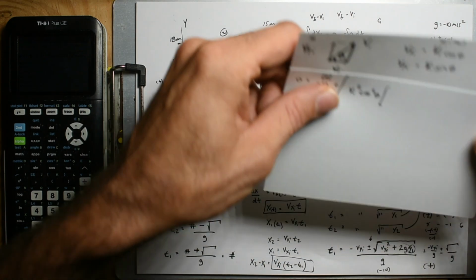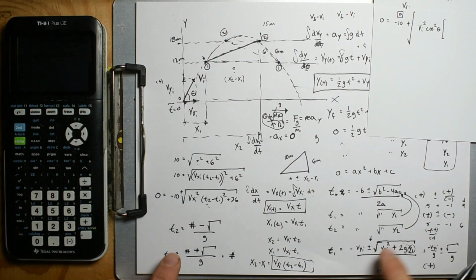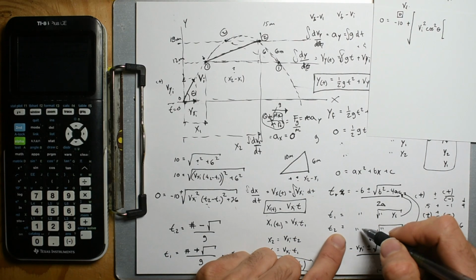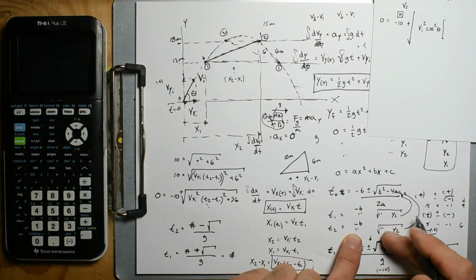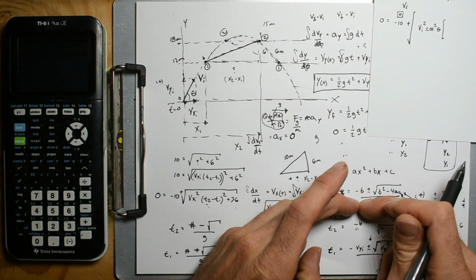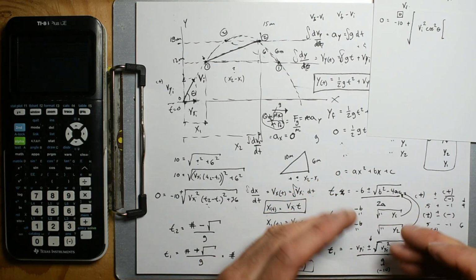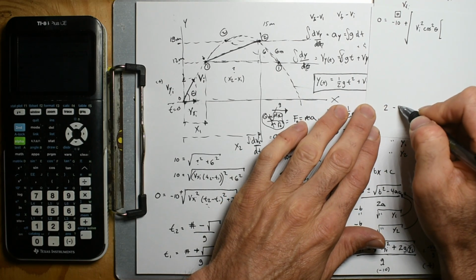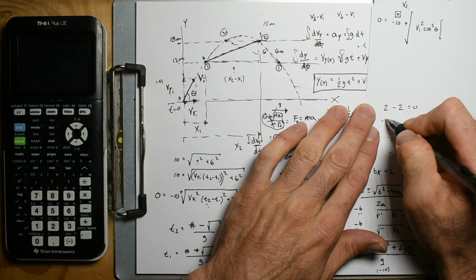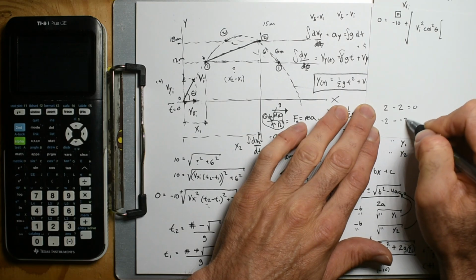Okay, so let's go back to that. T2 and T1 both have this negative B, that doesn't change. If I have a negative B minus a negative B, sometimes that's hard to see, but let's say I have a 2 minus a 2. Isn't that 0? Let's say I have a negative 2 minus a negative 2.